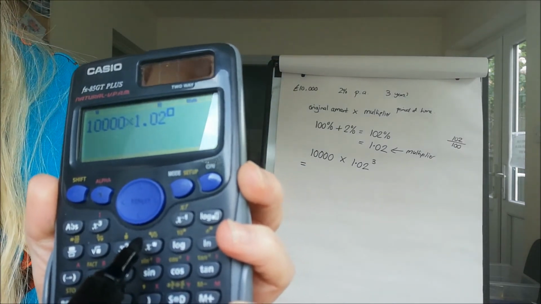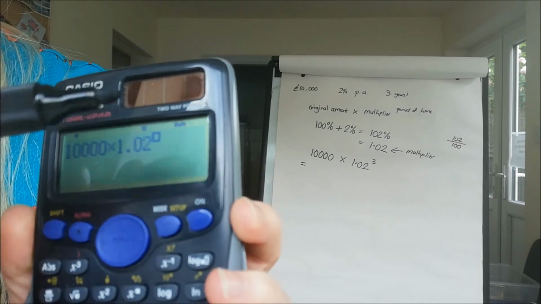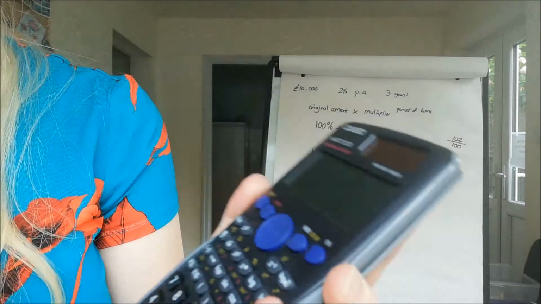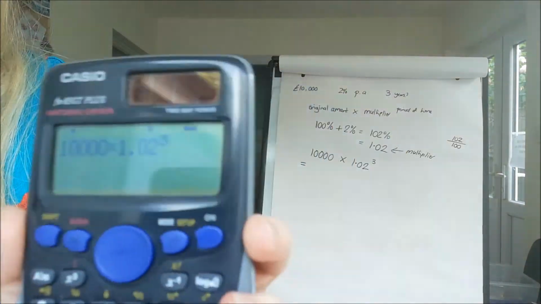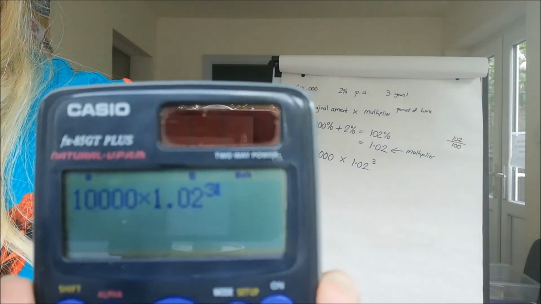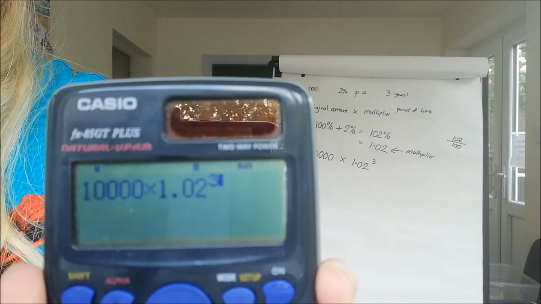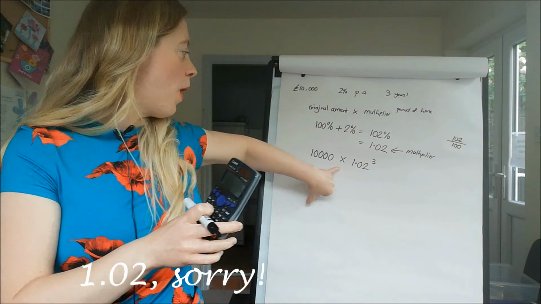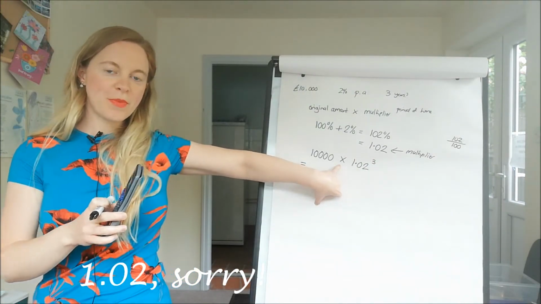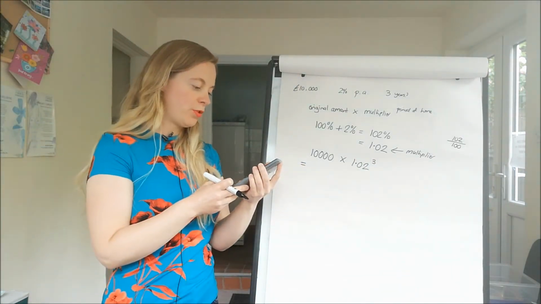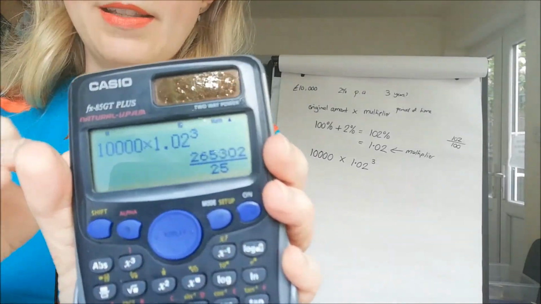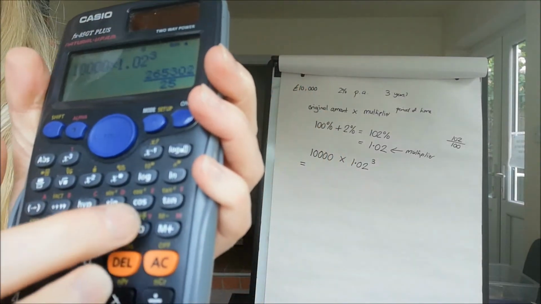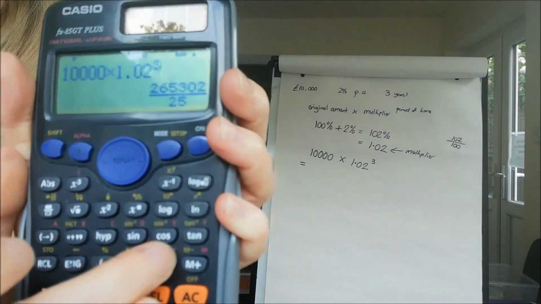And now I've pressed that, what my calculator's done is it's put a little square in the air next to the 1.02. I'll just put a 3 there now, so that I have 10,000 times 1.02 to the power 3 on my calculator. Exactly like what I've written there, okay? And now I just press equals. It's given me one of those fraction answers. So I'll press my S to D button to change it into a decimal.